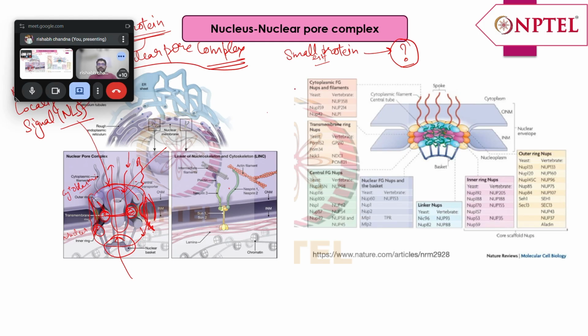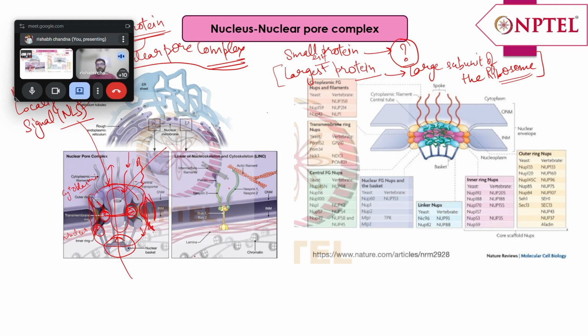Okay, the largest protein or the largest cargo that comes from the nucleus to the cytoplasm is the large subunit of the ribosome. Okay, that is the largest cargo that is driven out of the nucleus from the nuclear pore.